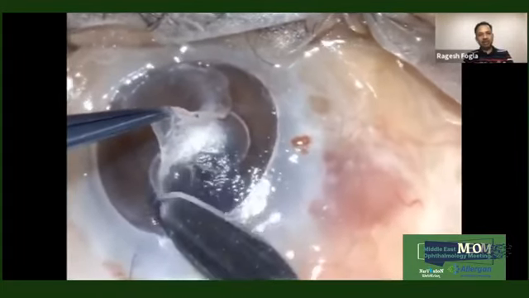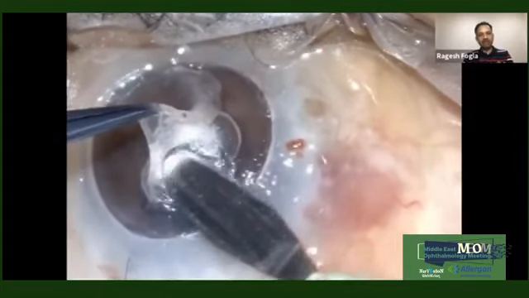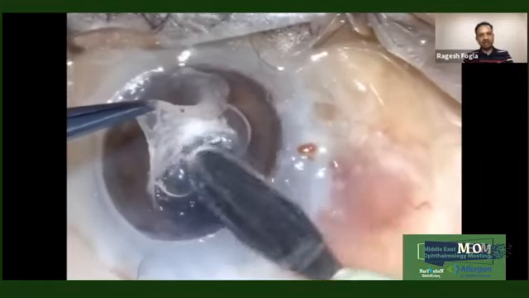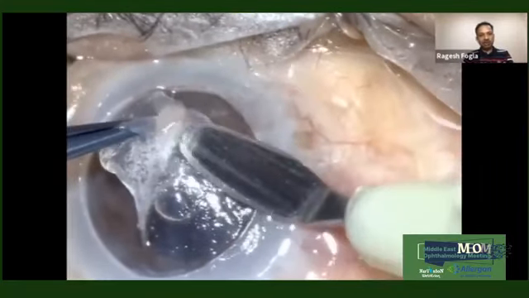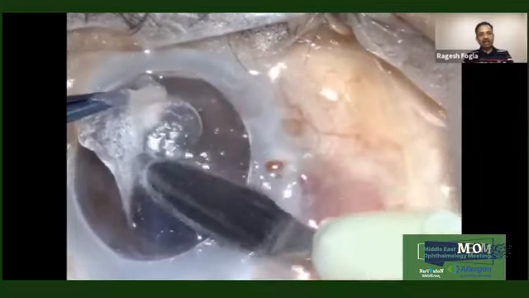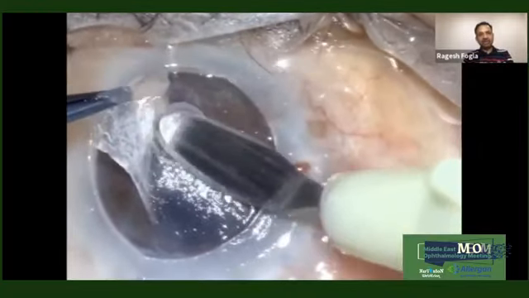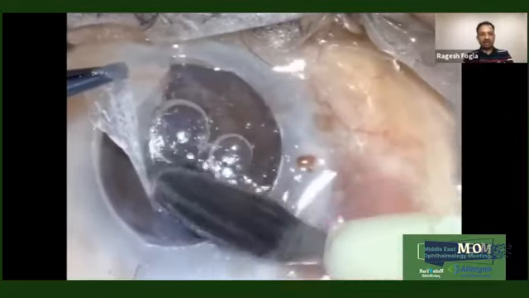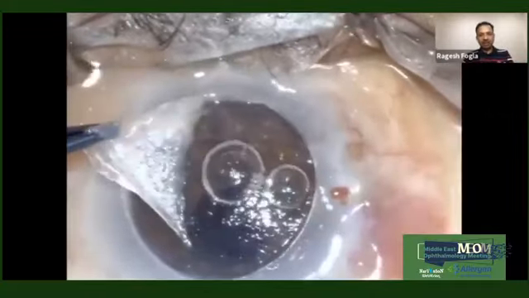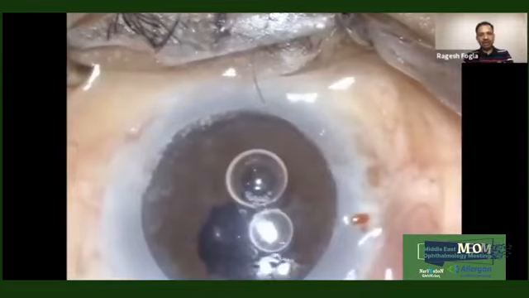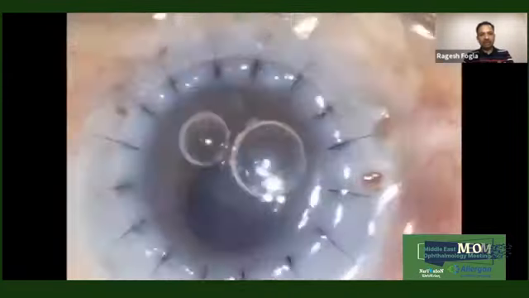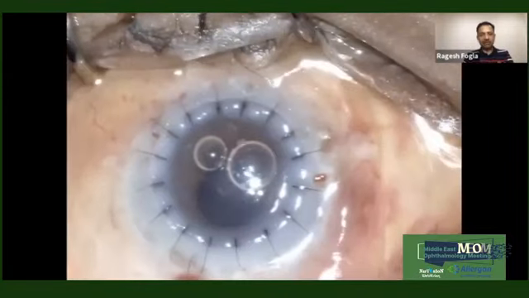And then using a kind of modified peeling technique, the left hand is doing most of the work. There is a tooth forceps that's trying to peel the stroma off, and the right hand, the crescent, is just breaking the fibers as they are separating. So this helps maintain a single plane of dissection. And once you have completed that, you can then bring in your donor graft, secure it in position with sutures, and that's pretty much the end of surgery.